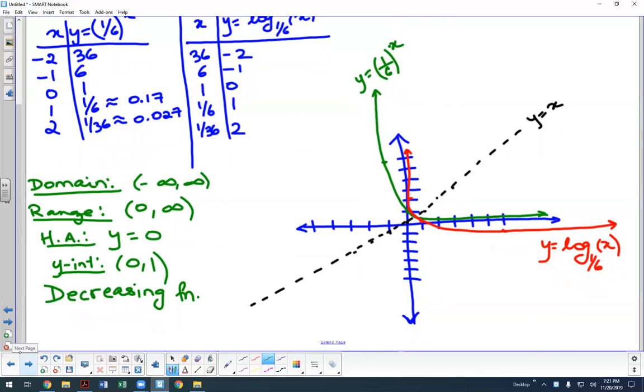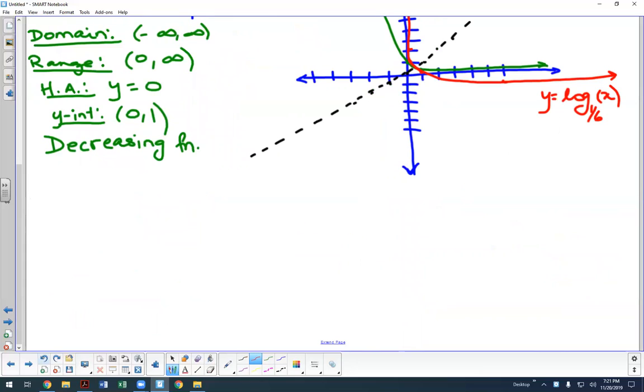Now let's see how they translate into our logarithmic function. Domain for the log function: 0 to infinity. Yeah, because your range and domain change places from the exponential.